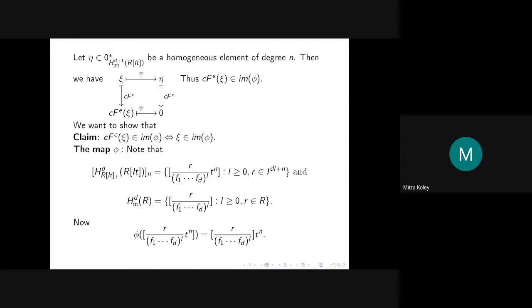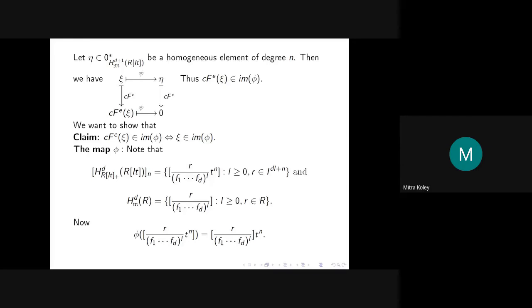So the degree of r has to be dl plus n, and in the Rees algebra, the degree dl plus n piece is I^{dl+n}. Similarly, f1 up to fd is an SOP, so H^d_m(R) is also the set of fractions r over (f1, ..., fd)^l, l greater than 0, but here r could be anything in the ring.